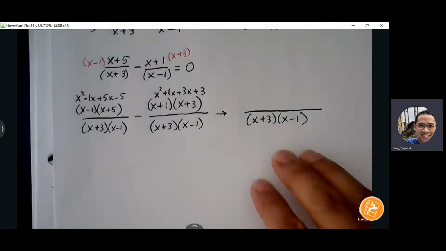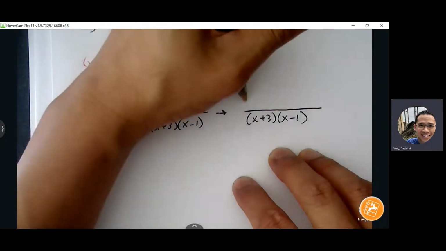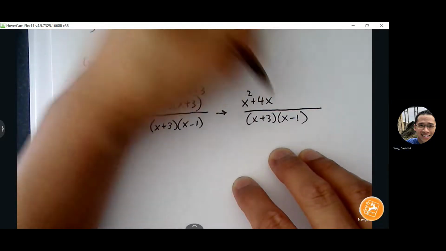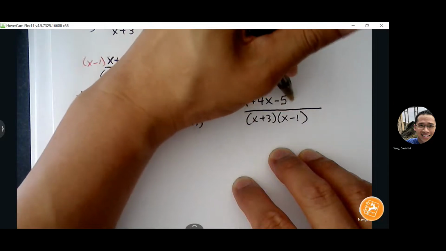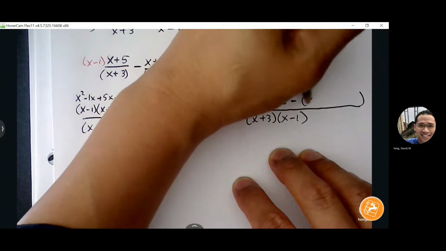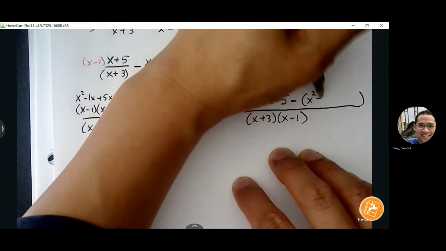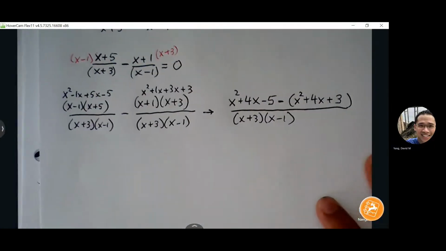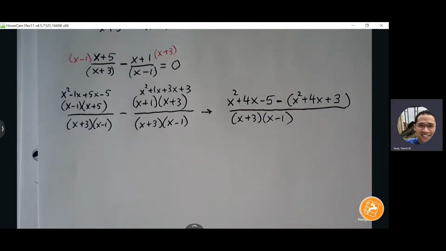Little by little, I'm going to clean things up here. Notice that I've merged the two fractions together. They all share the same denominator. I've balanced the numerators out.